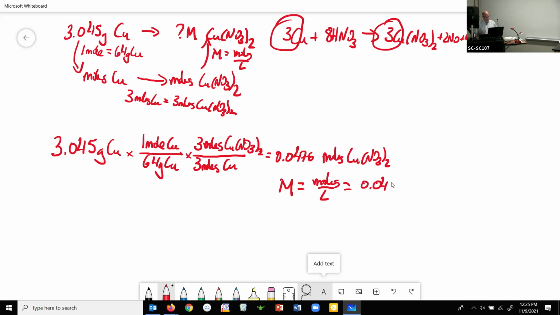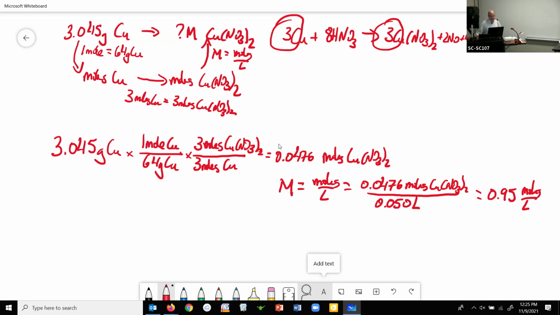We've worked out that you're going to make 0.0476 moles of copper nitrate, and you're adding enough water to get it to 50 milliliters, 0.05 liters. That works out to about 0.95 moles per liter.